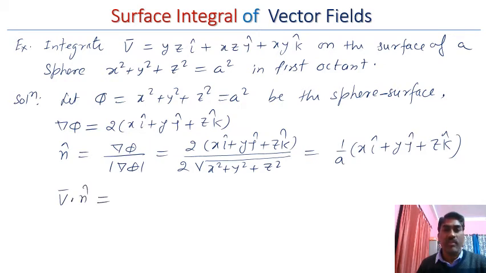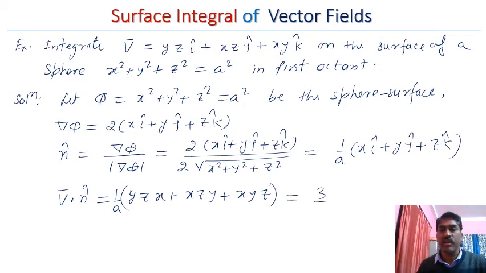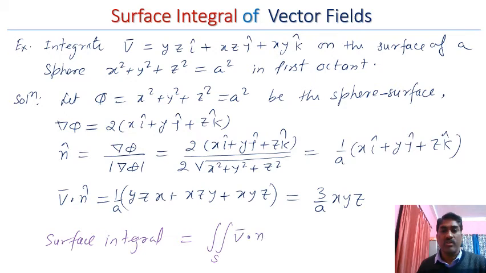As we have already discussed, we will find v dot n. So v dot n becomes yzx plus xzy plus xyz, and 1 by a is part of the unit normal, so this becomes 3 by a xyz. So we have obtained v dot n. What is the surface integral now? The surface integral is the integral over this surface S of v dot n ds.